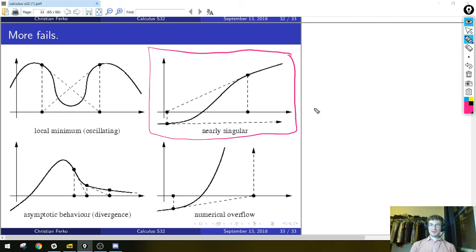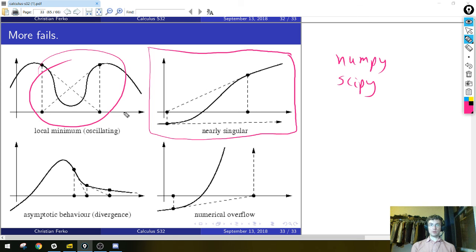So the point is that Newton's method by itself is not something that real people use to solve real problems. If you look at a root finding method in any Python library, like say NumPy or SciPy, all of them have root finding methods which are improvements of Newton. So they're similar to Newton's method, but they have extra smart things built in. Like if I run around in circles for 5 cycles or something, I'm probably not getting anywhere.